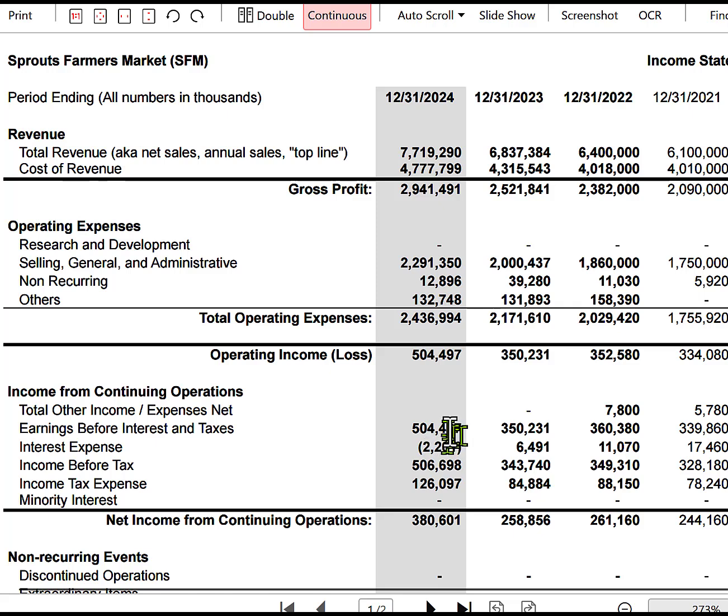So they actually wound up with a positive interest amount this year. Yes, Sprouts is not worried about being able to make their interest payments. So it's actually a negative 229, which is ridiculous.